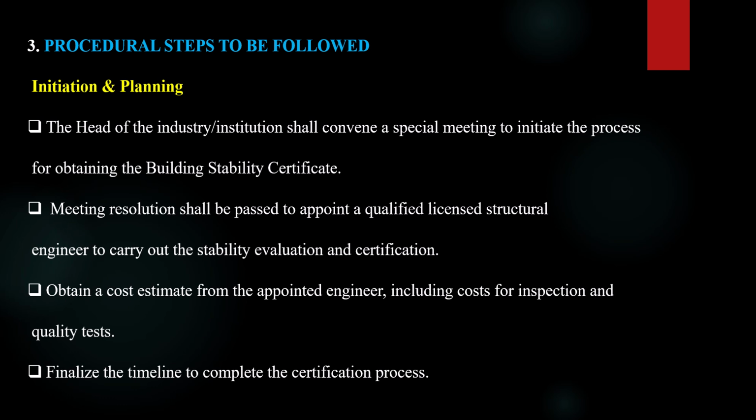Procedural steps to be followed. Initiation and planning. The head of the industry or institution shall convene a special meeting to initiate the process for obtaining the building stability certificate. A meeting resolution shall be passed to appoint a qualified licensed structural engineer to carry out the stability evaluation and certification.